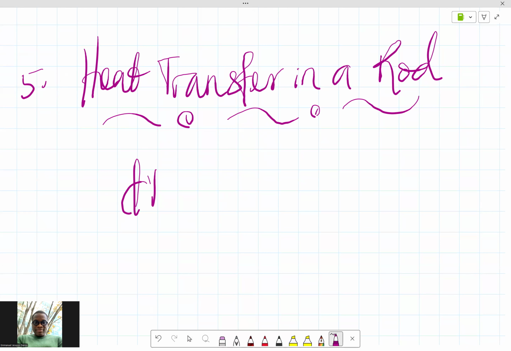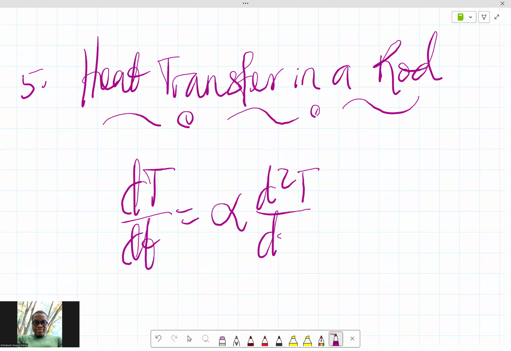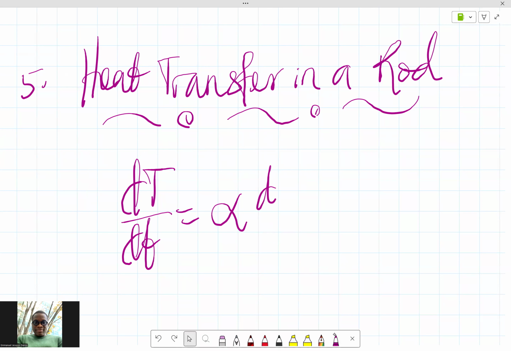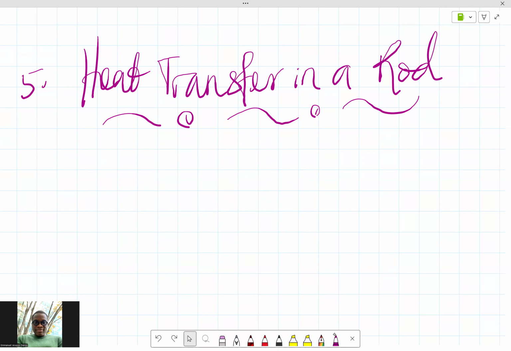So that becomes dT equals alpha d squared T dx squared. So x is space, t is time. In fact, this should be a partial differential equation, so I think it's better to write it as a partial thing, though we have not really dealt with partial differential equations under this topic, but I've dealt with it under numerical analysis.